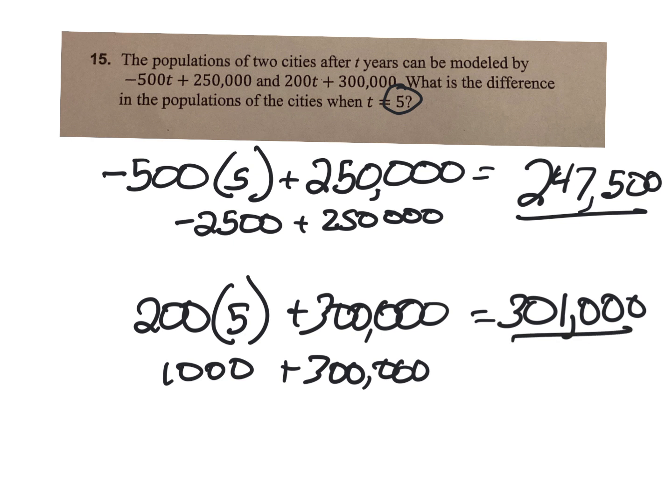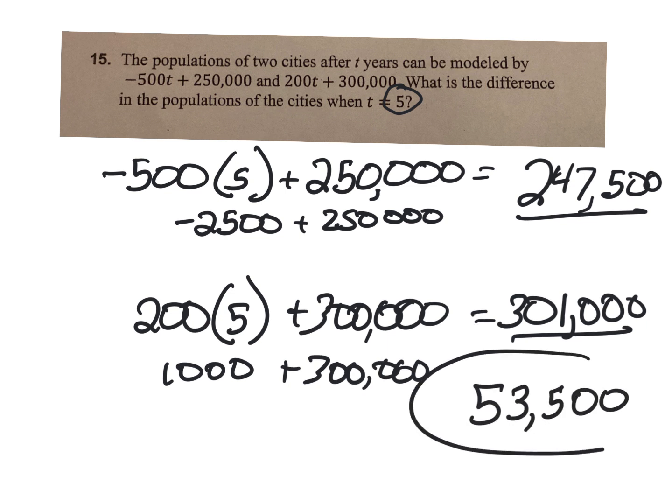So now I want the difference of those two populations. I take my bigger number, 301,000 minus 247,500, and I get 53,500 is the difference in population. And so if you have to do the unit, these are people.